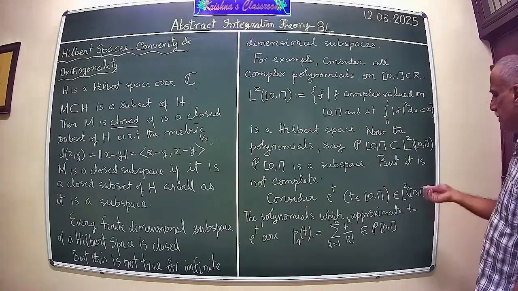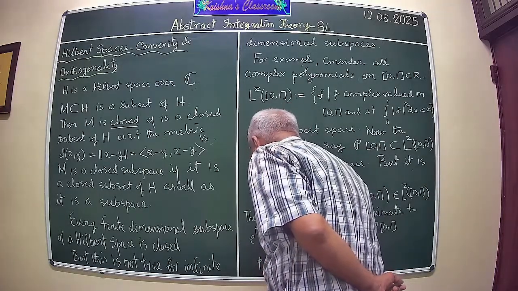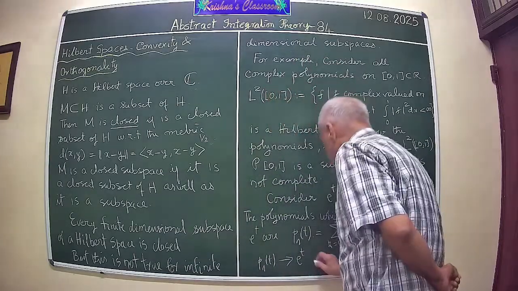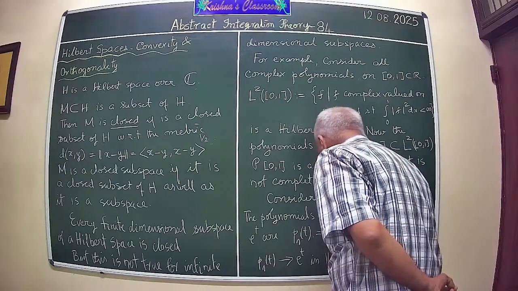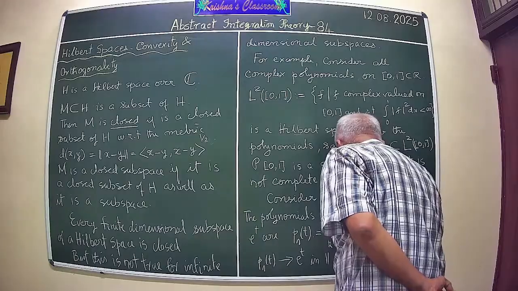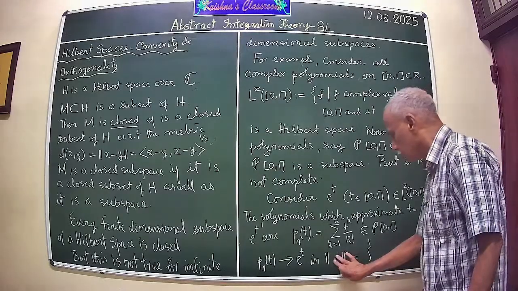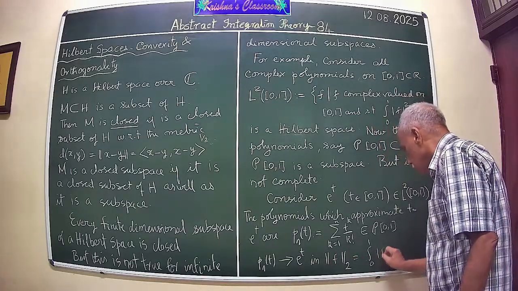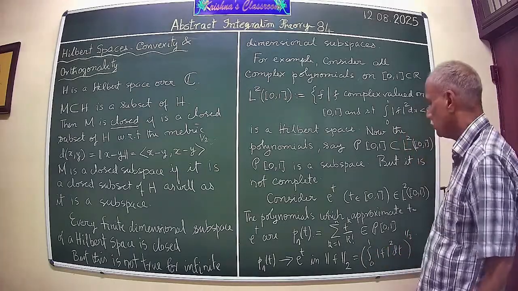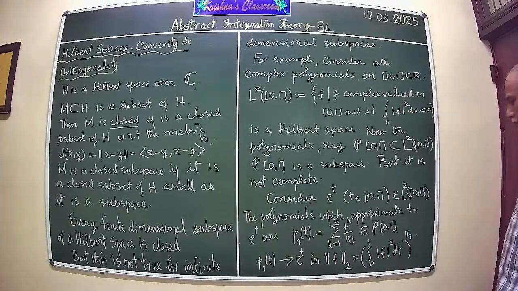Now p n of t converges to e power t. That's quite easy to do.